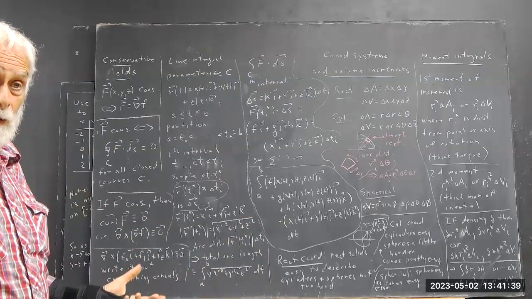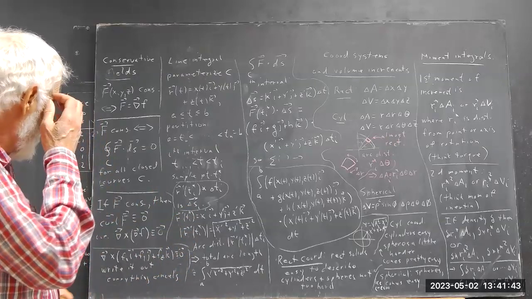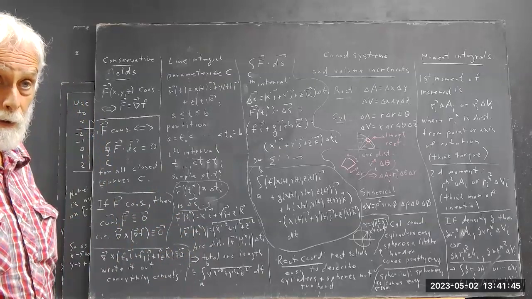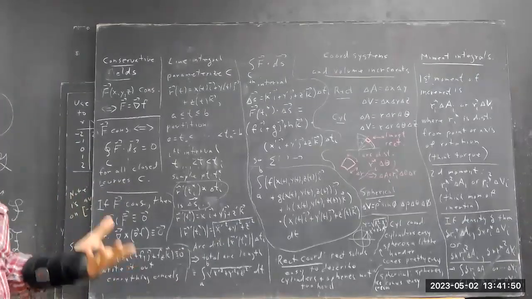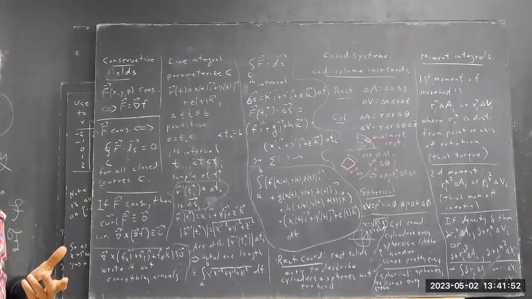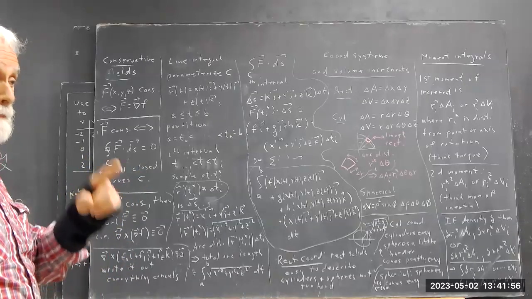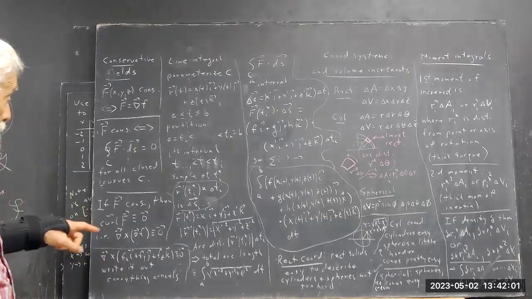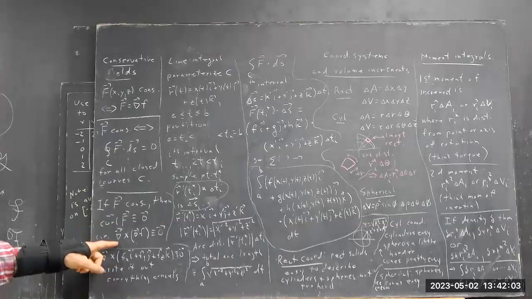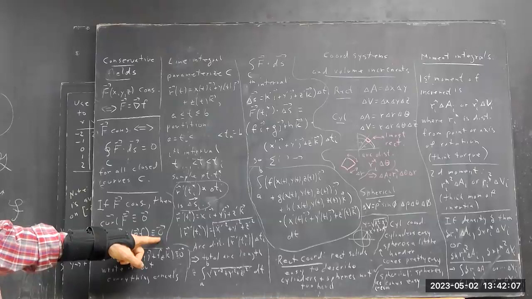Then just write out what you get, and everything matches up, cancels, and goes to 0. It's really pretty simple, doesn't take long to write out. So that's something I really ought to be able to prove. Del cross del f is always 0, and it's really just a matter of writing it out.